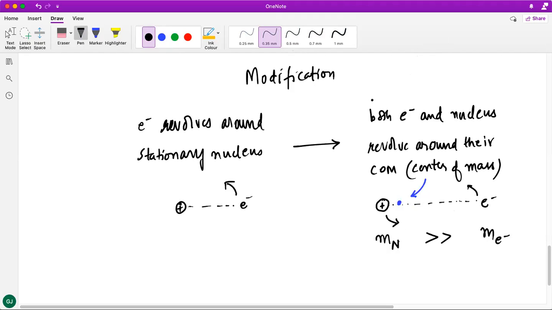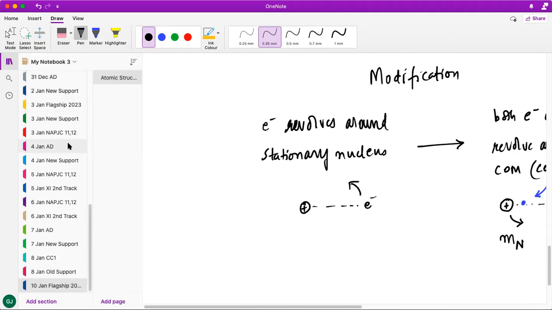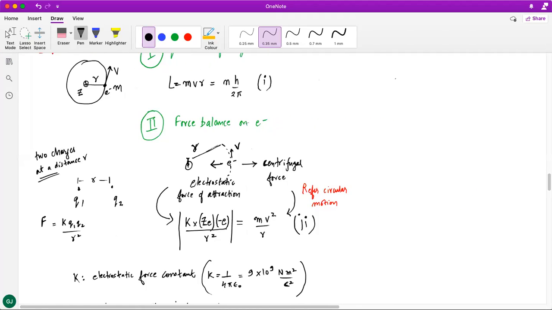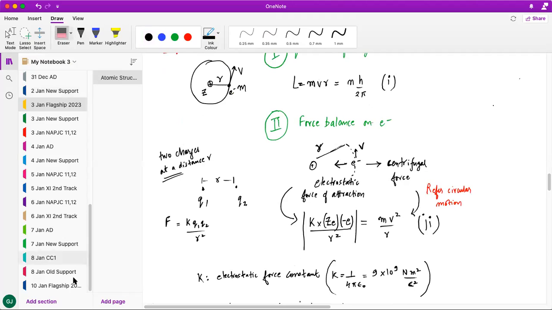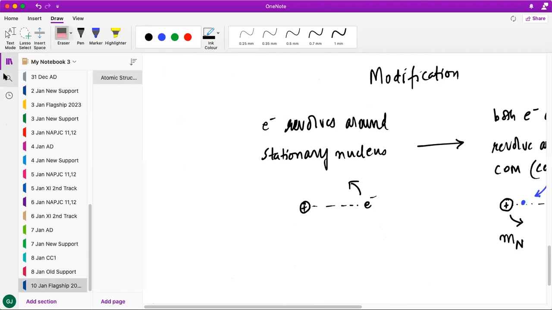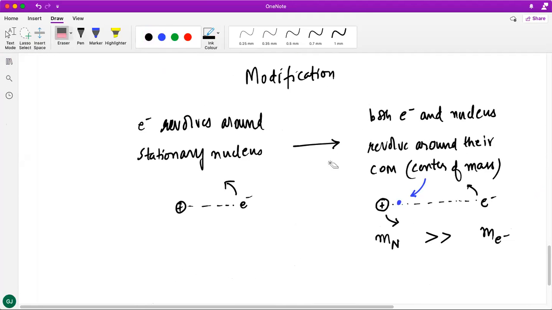Now, the physics behind this is much more tricky. It is not as simple as this. The earlier physics was in fact quite simple; we study it as circular motion in physics, how to calculate centrifugal force and all. This is in fact a harder version of that.